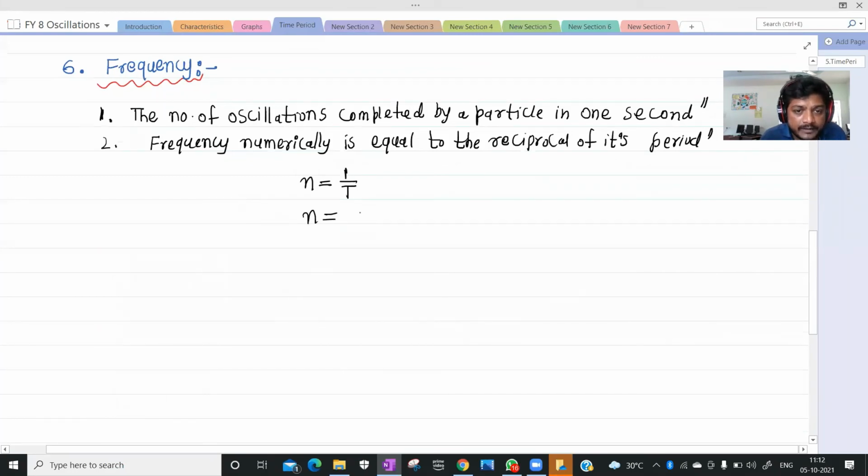T is nothing but the time period, 2 pi under root x by a. So we can write n equals 1 by 2 pi under root of a by x.